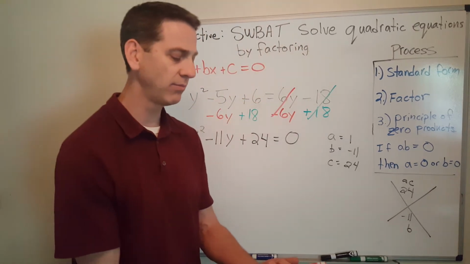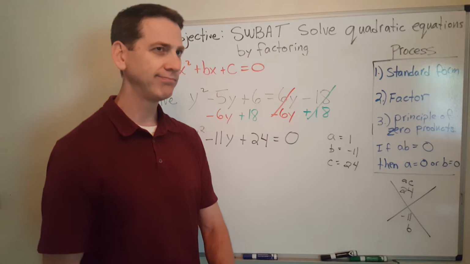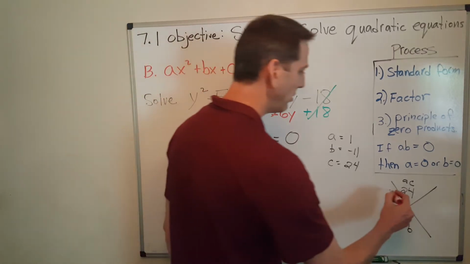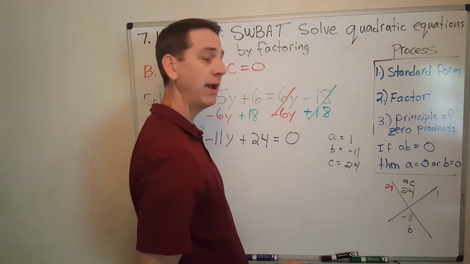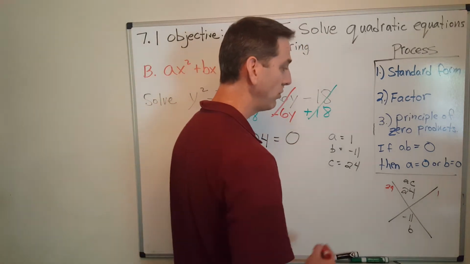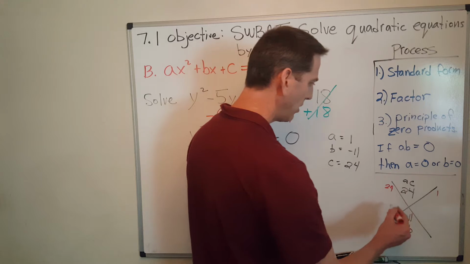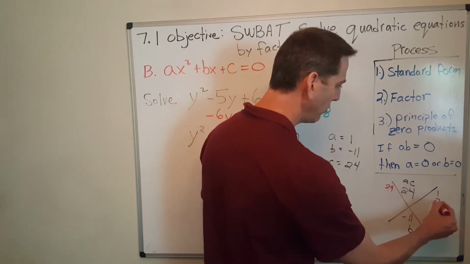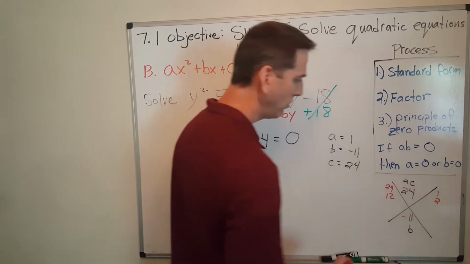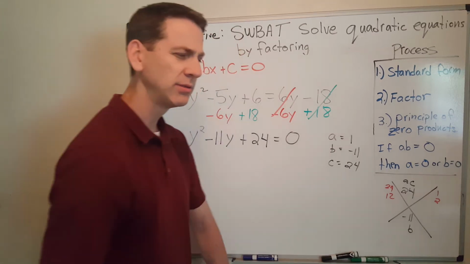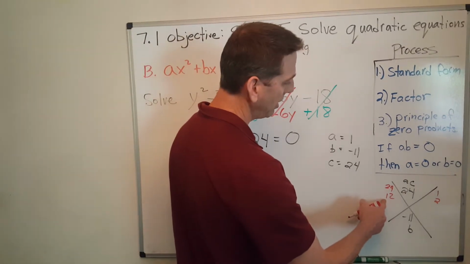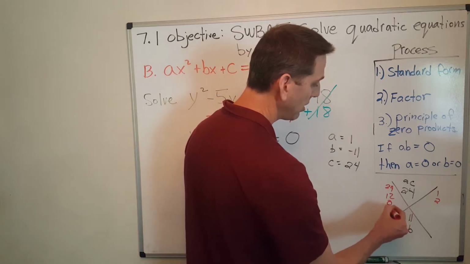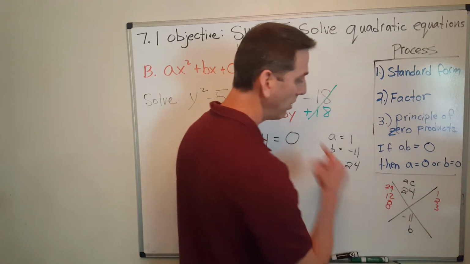So let's think of some numbers that multiply to give me 24. Well, we have 24 times 1, right? We can also do, give me some other ones. Well, that's an even number, so I can do 12 times 2. Is there others? Let's see, 11, no, 10, no, 9, no, 8. 8 times 3 is 24.